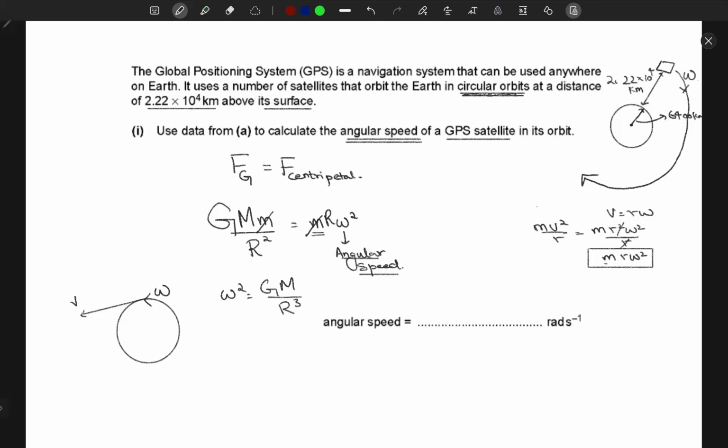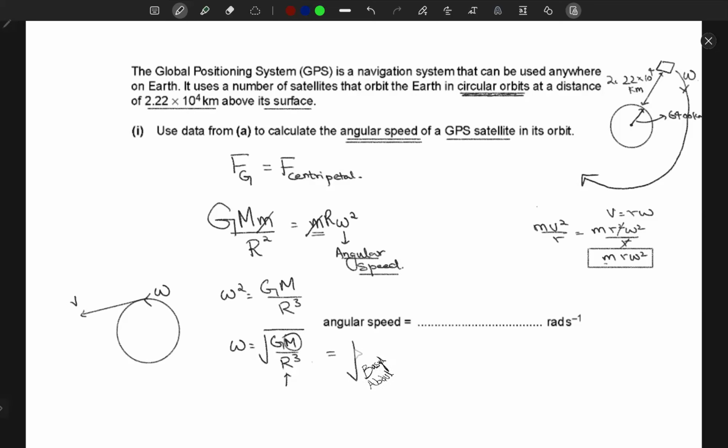So that's the equation that you would have, and then you can write it as omega equals square root of G M by r cubed. Now we have everything. We have the mass of the Earth, and the position of the satellite from the Earth is also given. So we'll just put in the values over here, and you can find the value for omega.